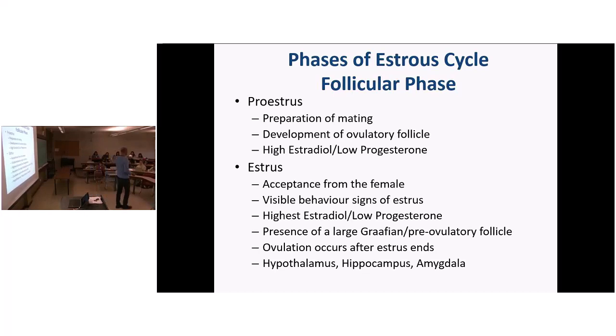Proestrus and estrus are somewhat similar in the sense that both are characterized by low progesterone, because this happens after you had luteolysis. So your progesterone is down, your follicles can continue to grow, so they are releasing quite a bit of estradiol. Having these large amounts of estradiol will cause a whole different set of changes in the reproductive tract that will be important.